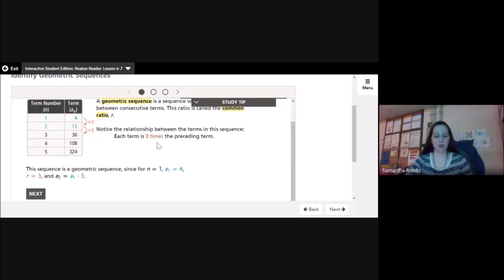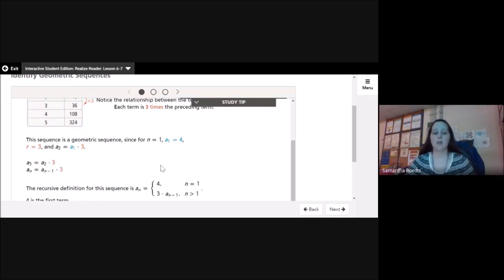So this sequence is a geometric sequence, since for n equals 1, a sub 1 equals 4, r equals 3, and a sub 2 equals a sub 1 times 3. So a sub 3 equals a sub 2 times 3, a sub n equals a sub n minus 1 times 3.